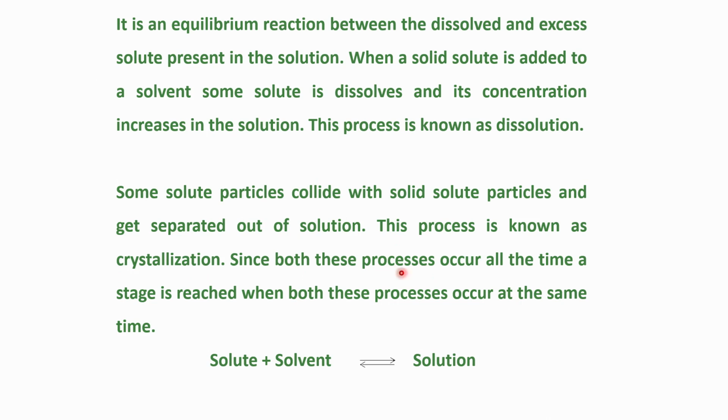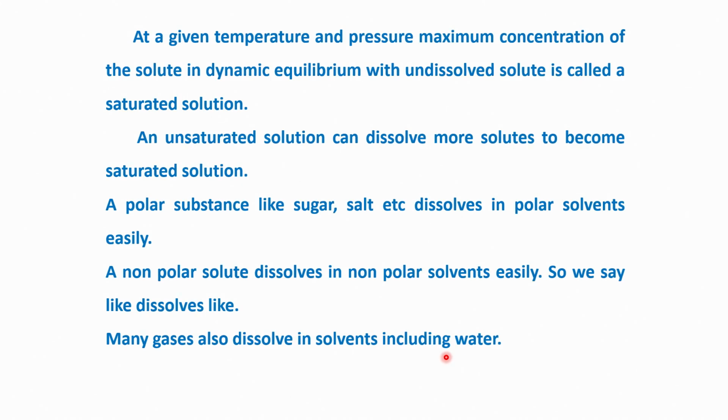Since both these processes occur all the time, a stage is reached when both these processes occur at the same speed, at the same time. Then we have an equilibrium described as solvent plus solute going to solution. Okay. At a given temperature and pressure, the maximum concentration of the solute is in dynamic equilibrium with undissolved solute, that is called a saturated solution, maximum dissolved.